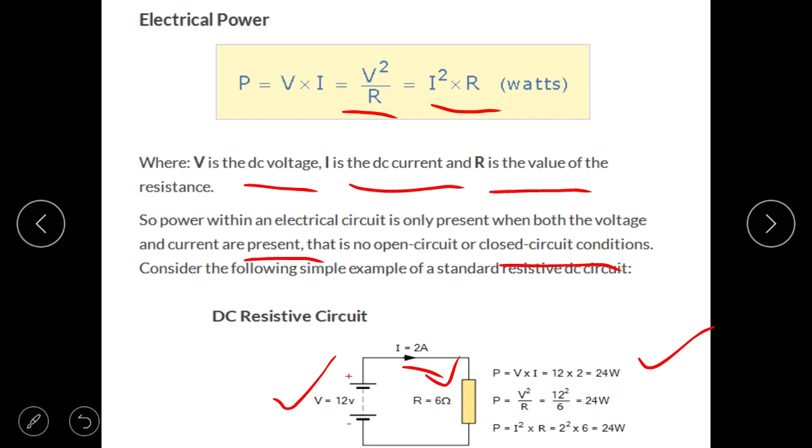Second formula, P is equal to V square upon R. So V is 12, that is 12 square upon 6, which is equal to 24 watt. Or P is equal to I square R; I is 2, and 2 square into 6 is equal to 24 watt. It means all the three formulas are applicable for DC circuit power calculation.